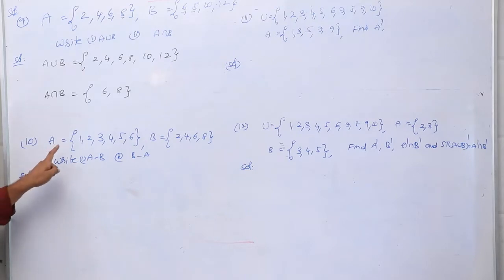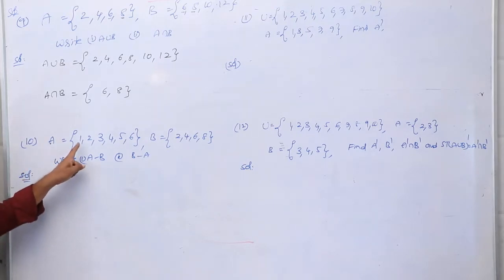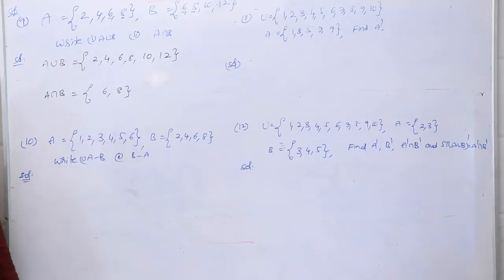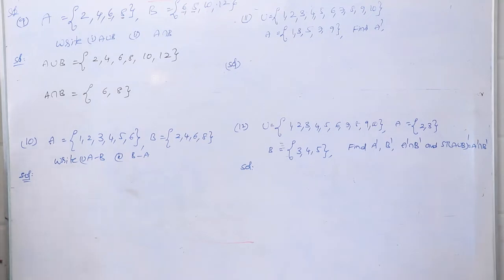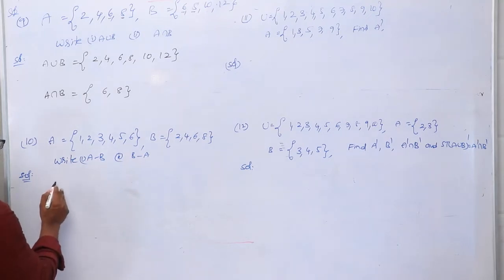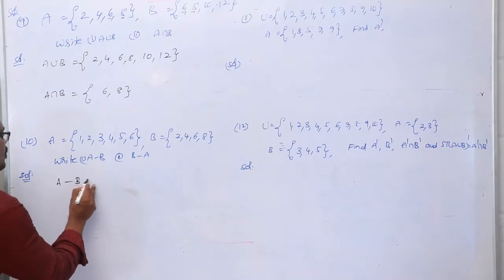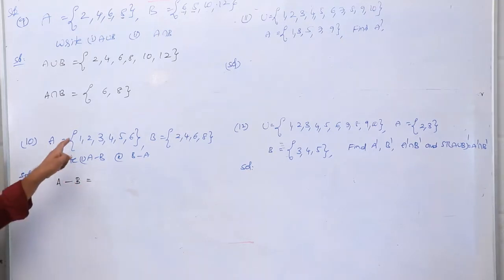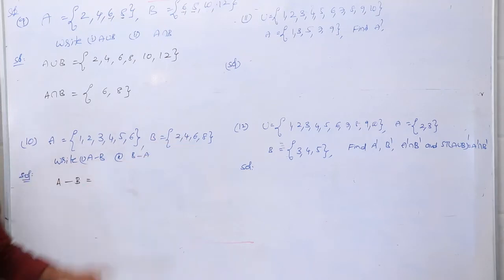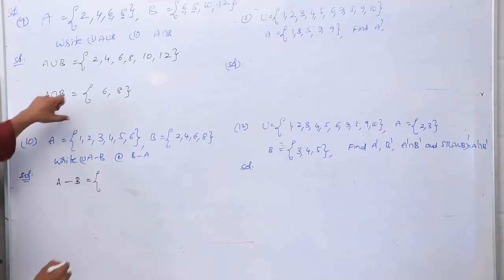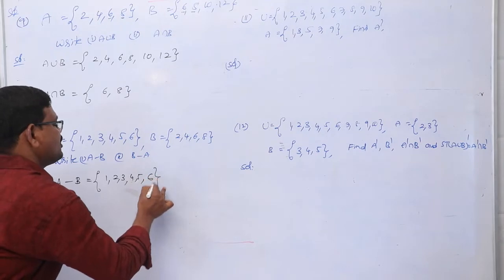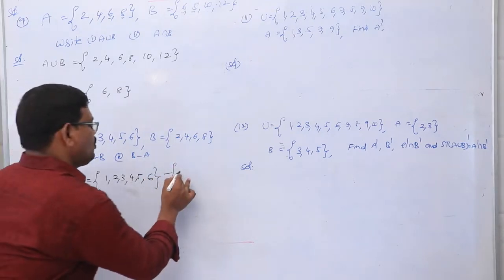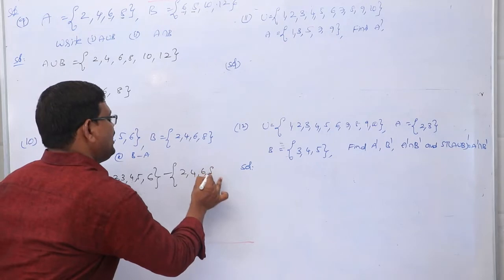Next one: if A = {1, 2, 6} and B = {2, 4, 6, 8}, then A minus B equals what? A minus B is the set of elements which are in A but not in B. That is, A minus B = {1, 2, 3, 4, 5, 6} minus {2, 4, 6, 8}.